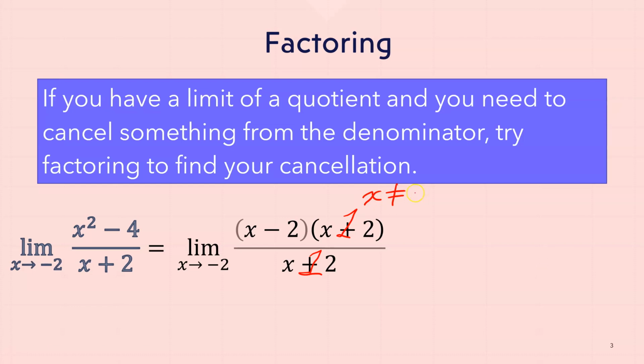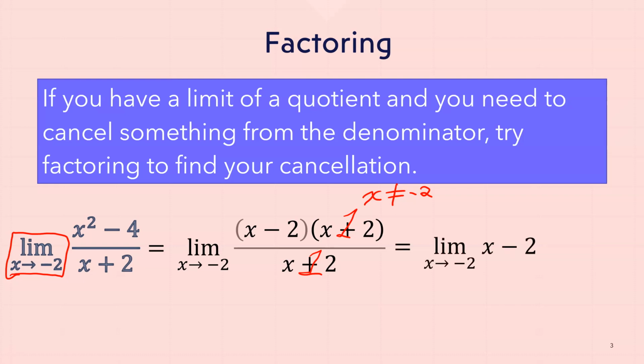So you would say, well, I can only divide if x is not -2, right? But when you are taking the limit, the definition of limit says not necessarily defined at x equal to -2. X does not have to equal -2 in order for you to find the limit. So this is an okay thing to do.